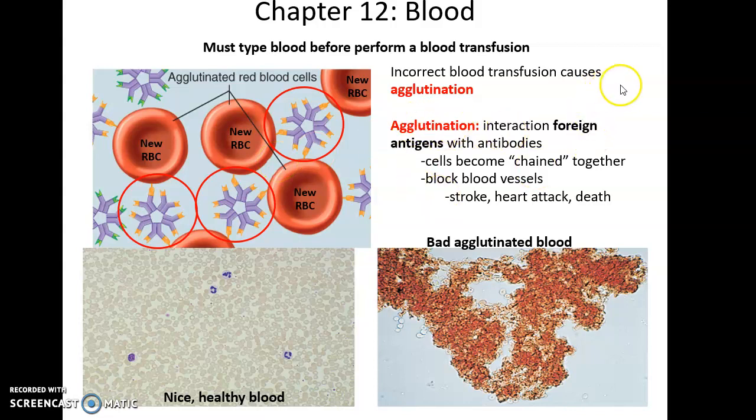Agglutination is not good on these massive levels, and these big clots can then block important blood vessels, leading to strokes, heart attacks, and death. So again, you do not want to get the wrong blood type, because then your antibodies would bind to the new blood that has the wrong surface antigens, and that would lead to the agglutination and the clotting and the blood vessels getting blocked.